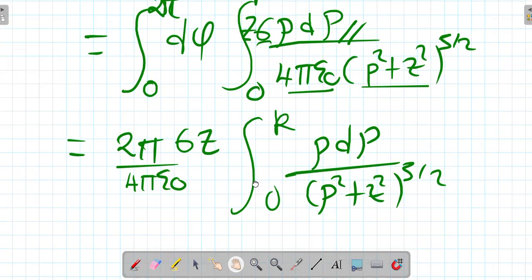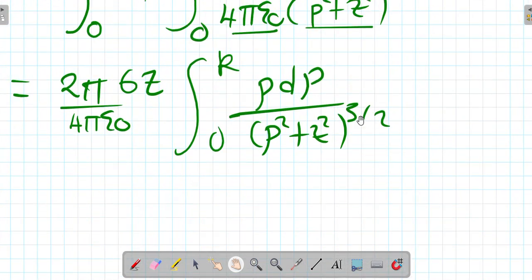Okay. Now, to avoid confusing you further, I'm just going to give you the integral for this one. When you integrate this function, what you're going to have. If you want, you can memorize what it's going to give you.